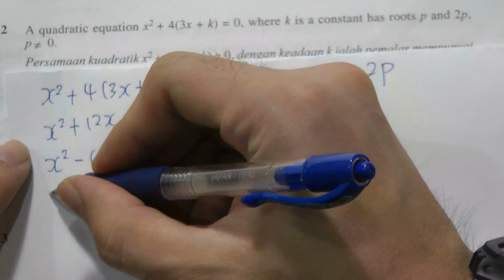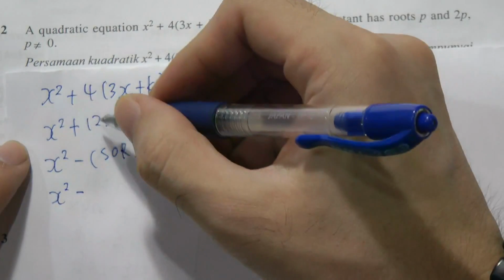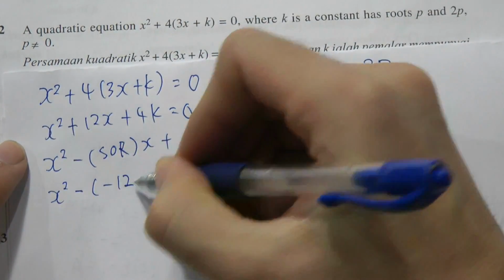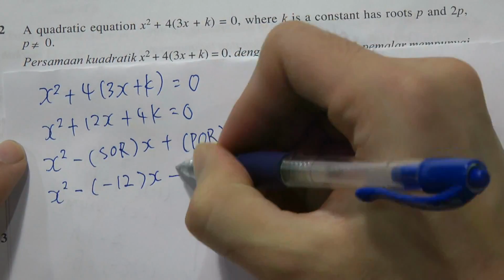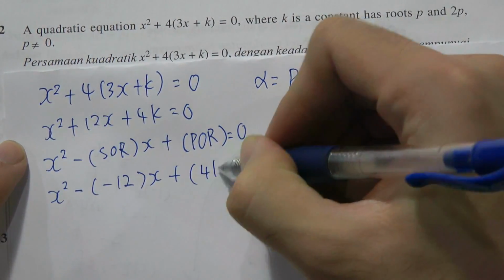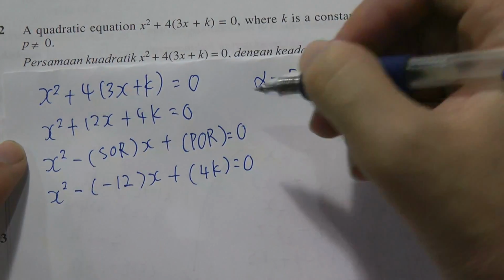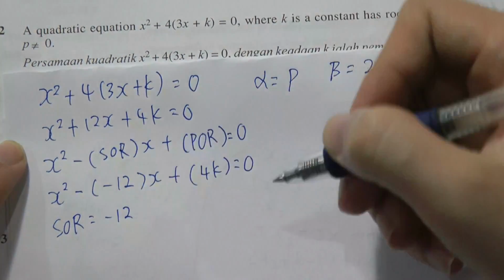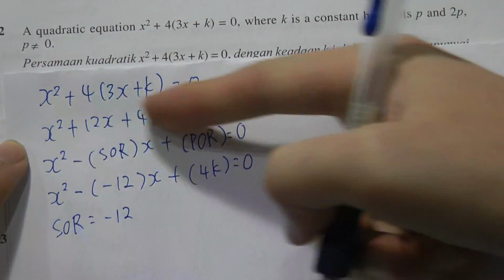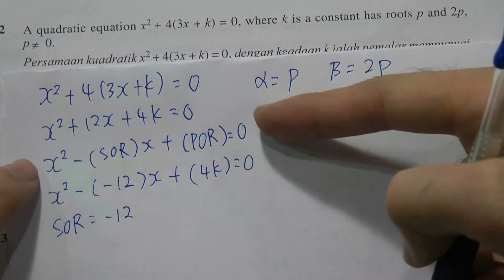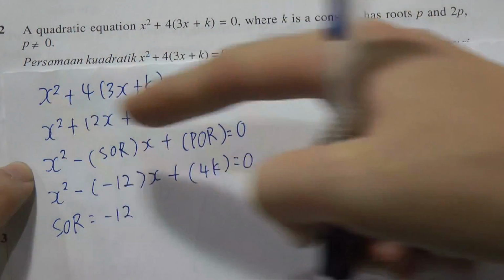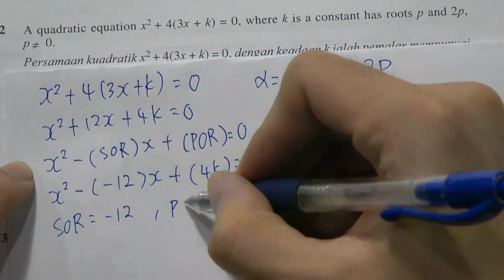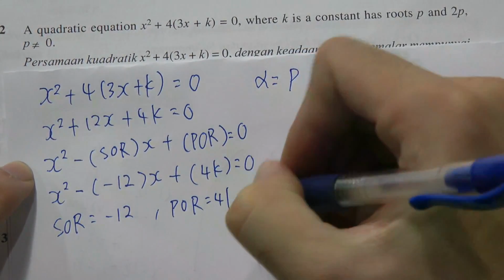Therefore x squared minus, this is positive 12x, so here will become negative 12x plus, here will become 4k equal to 0. Therefore from here we know the sum of roots is equal to negative 12, and the product of roots is equal to 4k.